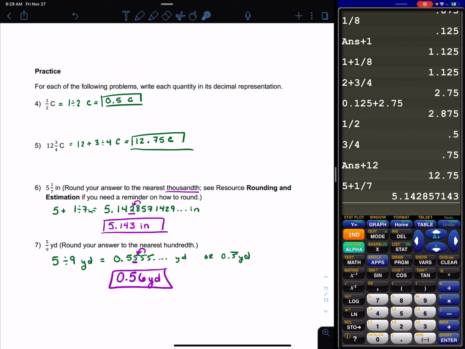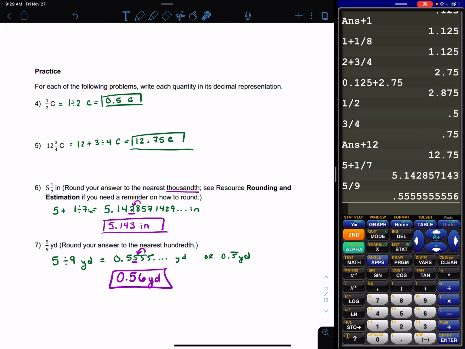So if we look at number 7, we have 5/9 yards, and we need to round to the nearest hundredth. So I'm going to do 5 divided by 9, which gives us 0.5 repeating, right? The 5 just keeps going. We have a 6 at the end on our calculator because it's rounding at the very end, but it really is just 5s forever.